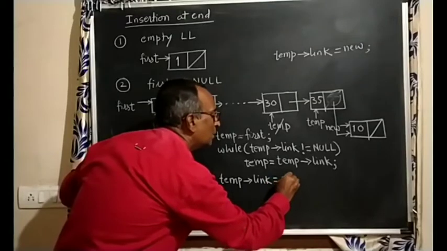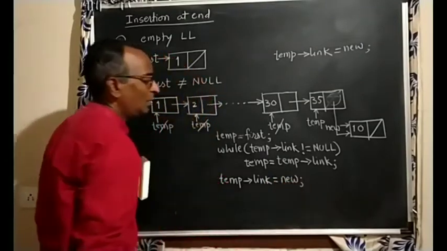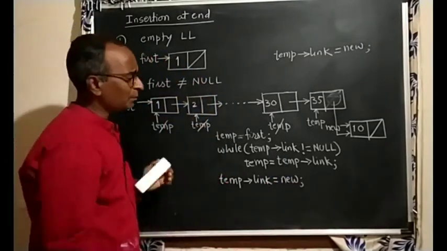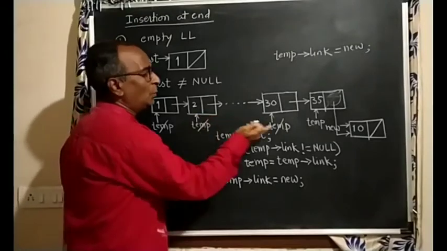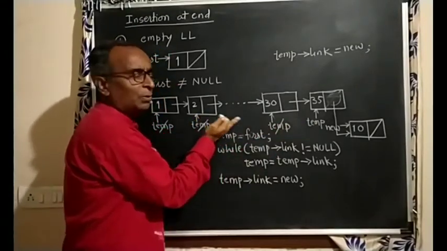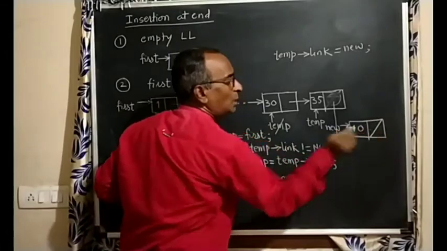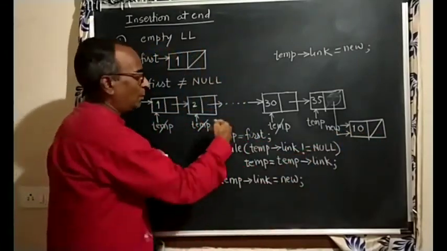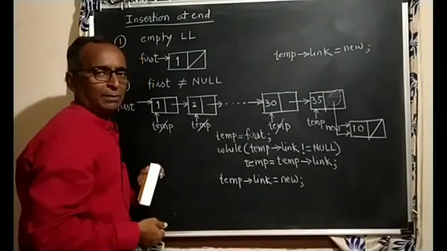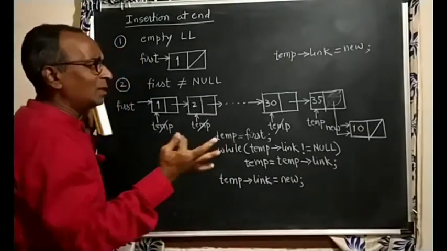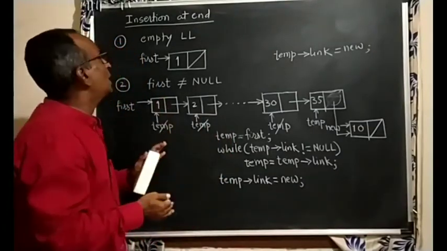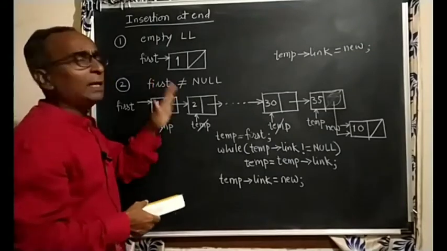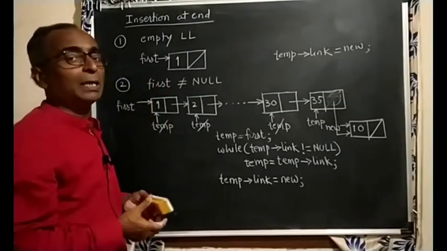That is given new. That's it. Before this, you are creating the new node, you are giving null to this new link field, and you are giving the info field before this, right?